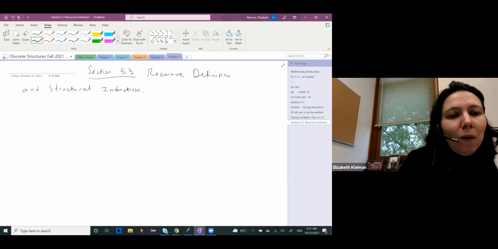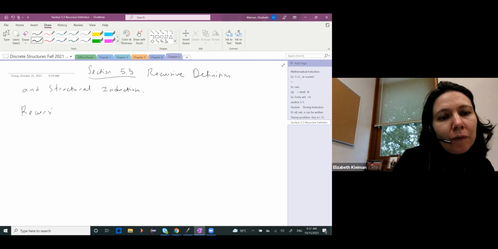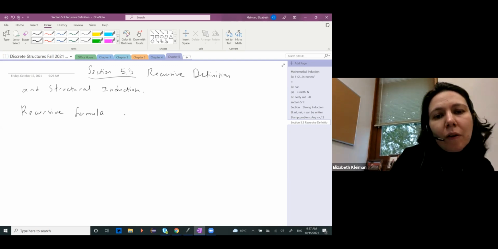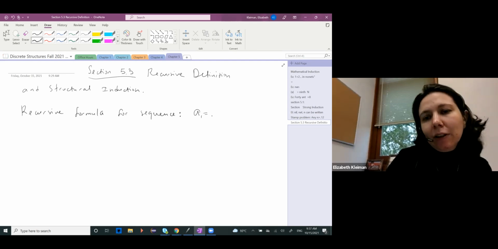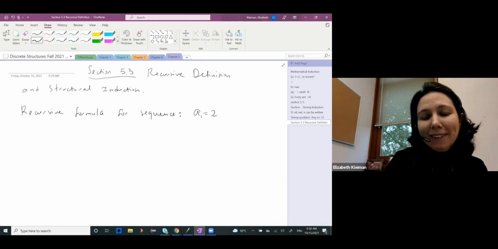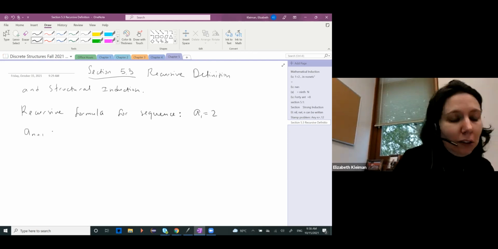So let's recall that recursive formula for a sequence actually has a base case, correct, of how to start, and a formula which can be written maybe like that.